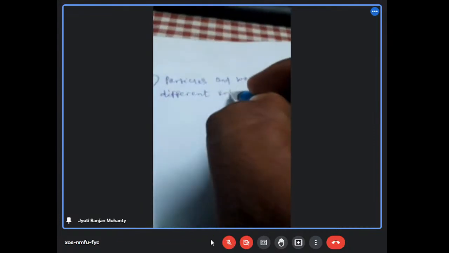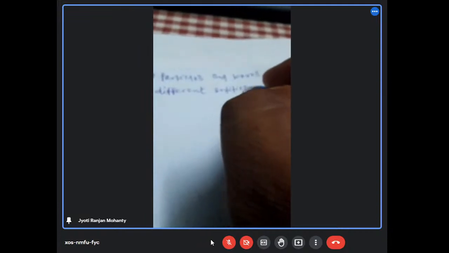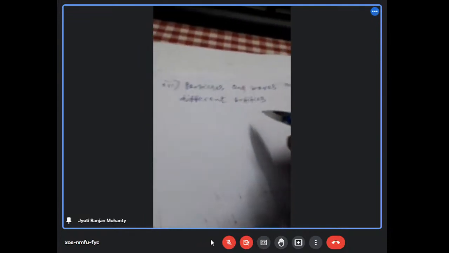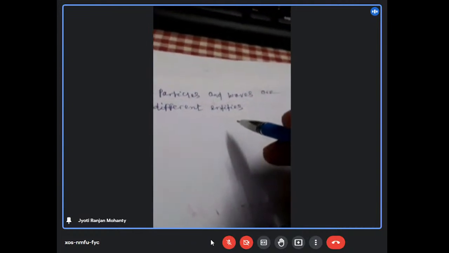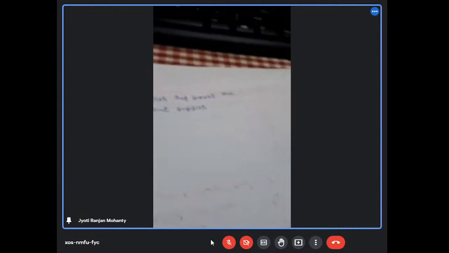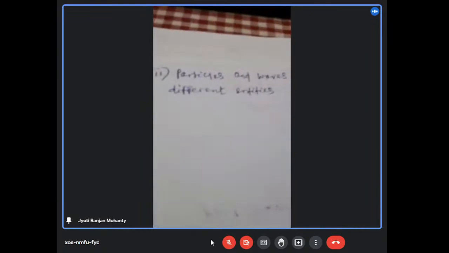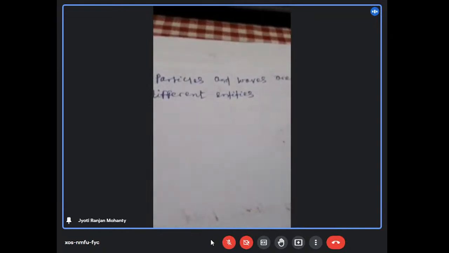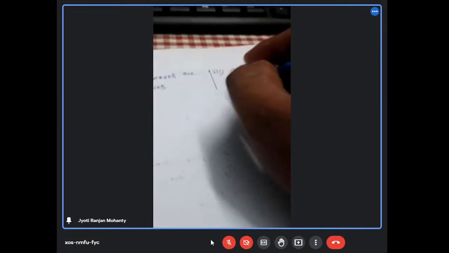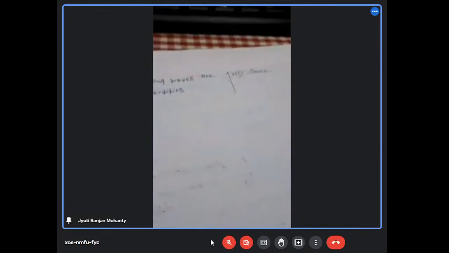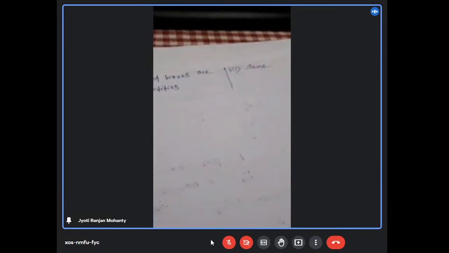So in classical physics, we are saying the particles and the waves are different. But quantum physics says that particles and waves are the same entity. You can write: particles and waves are same entities.